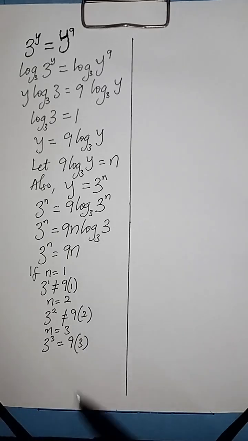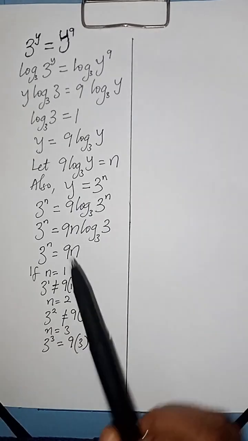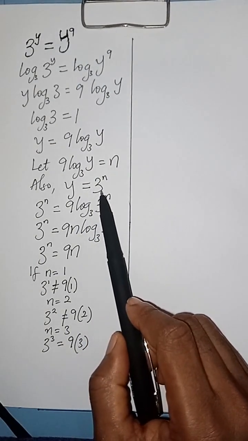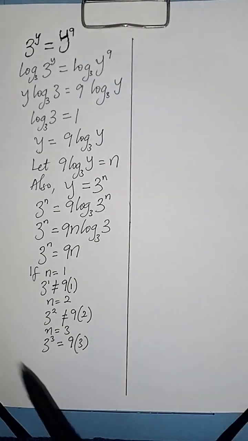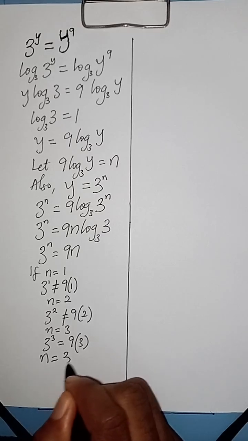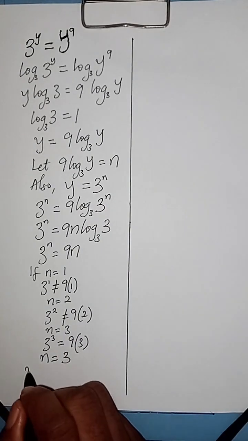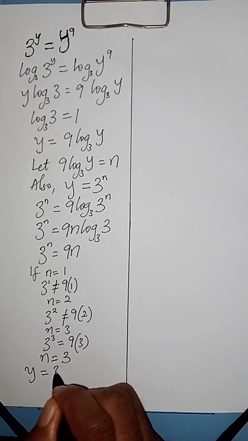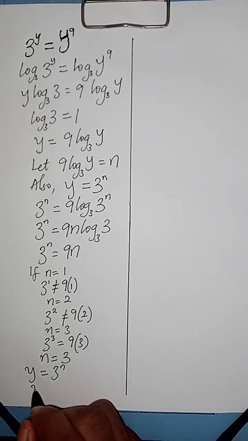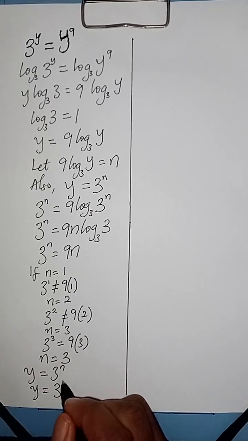Now recall in our previous solution step in solving this question, we said that y is equal to 3 raised to power n. So at this point, we've gotten the value of n as 3. So we're going to substitute this into that equation. y equal to 3 raised to power n, which is 3 raised to power 3.